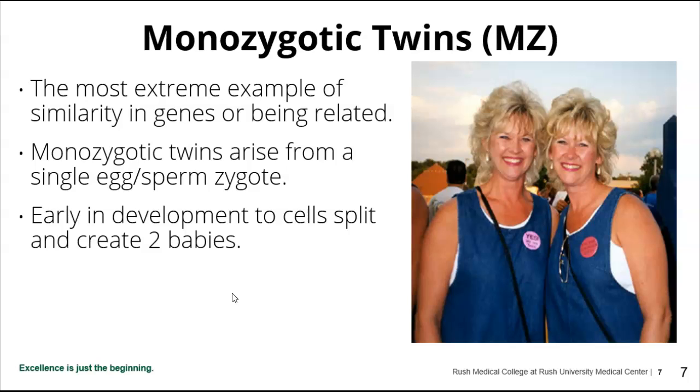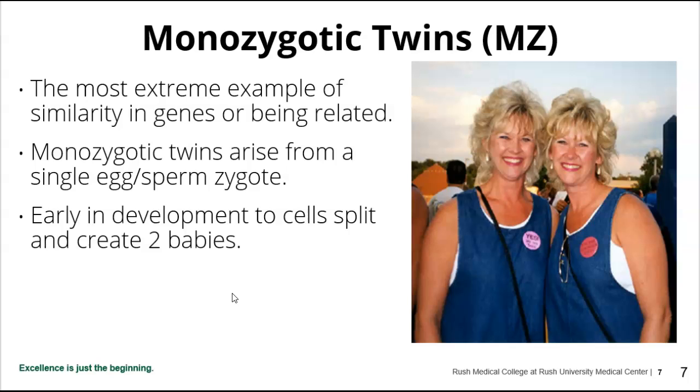If they separate before the 16-cell stage, there are 2 placentas, 2 babies, but they have exactly identical genetics. If they separate between 16 and about 32 cell stage, there are 2 sacs, 1 placenta, and they're identical twins. And then if they separate a little bit too late, then they're conjoined.